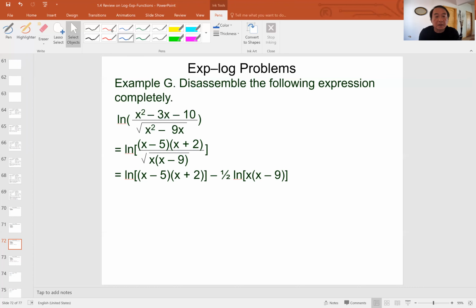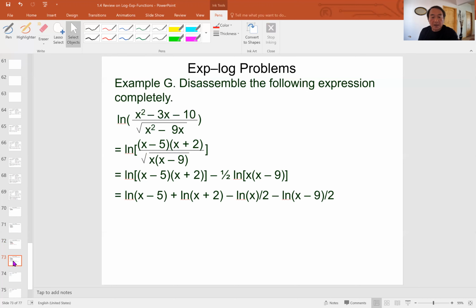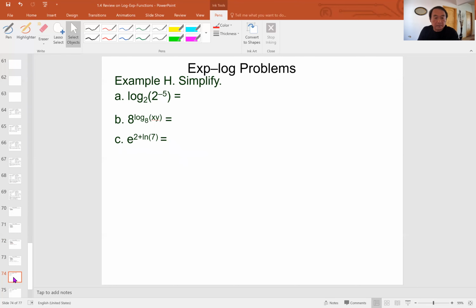And this bottom one, the square root is a 1/2 power, and this 1/2 power can be extracted outside using the rules for power. Then you continue to break it up, and this is as far as I can go in disassembling this formula completely. The trick is to just factor completely.